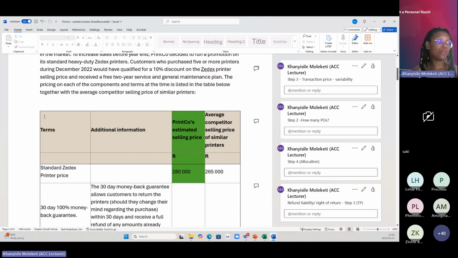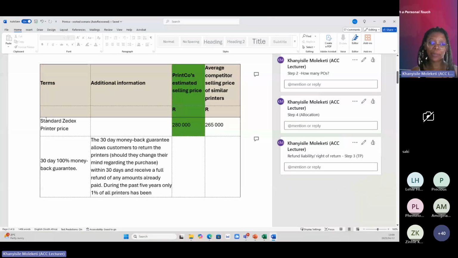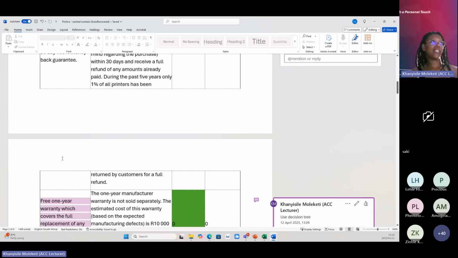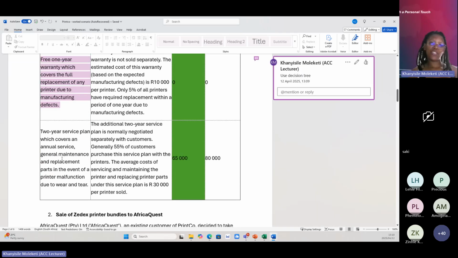The very first part of the step 2 response is identifying the promises. This table has given us all our promises. We're offering a printer, money back guarantee, a warranty, and a service and maintenance plan.